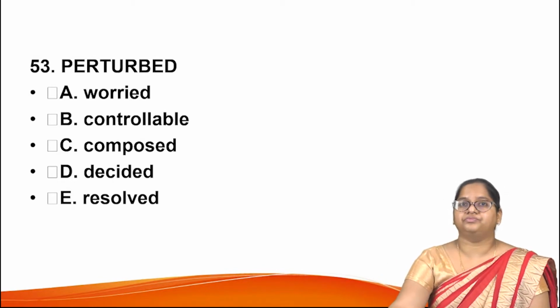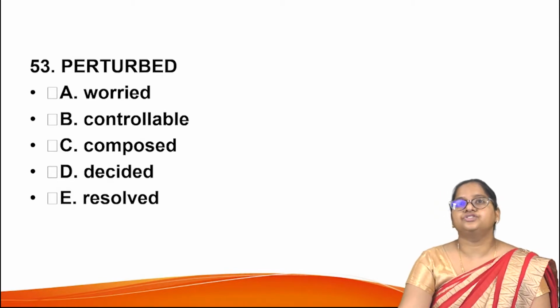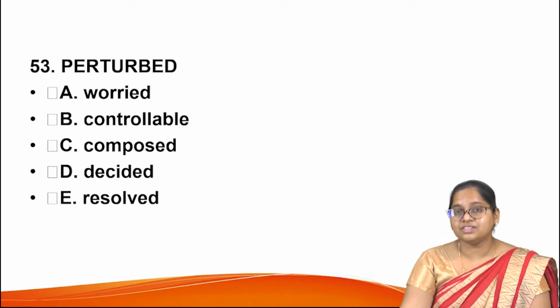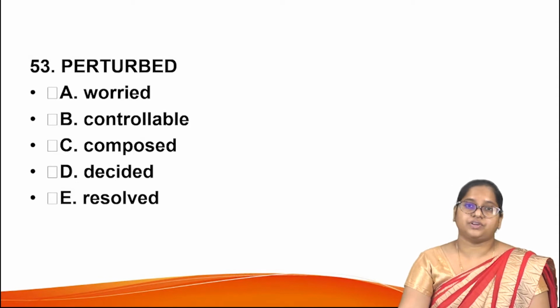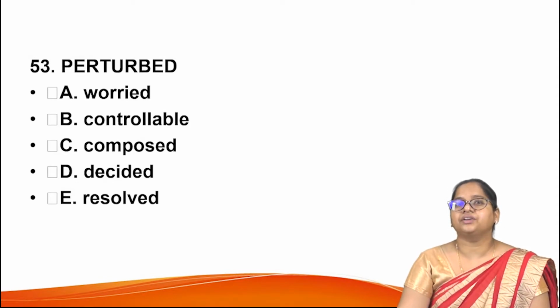Composed means full of control and balance, in control. Controllable is something which you can control. Worried is obviously a very stressed out state. So perturbed is like getting disturbed.